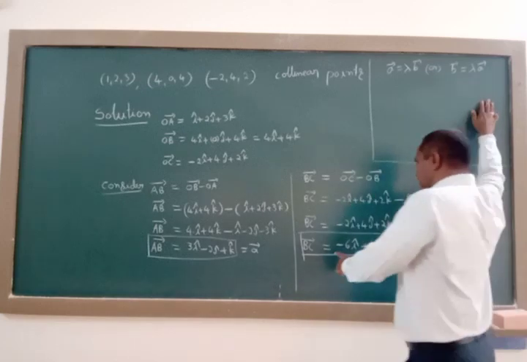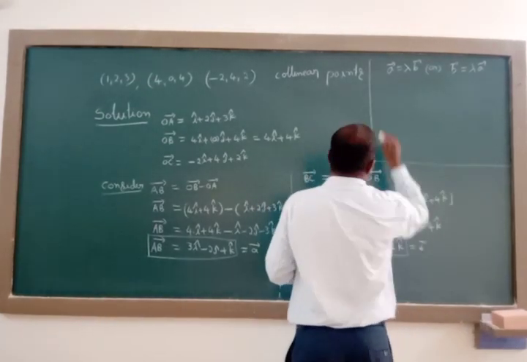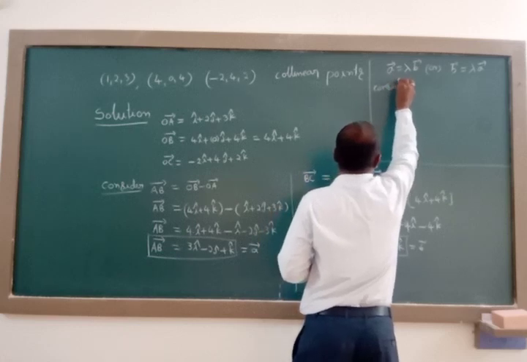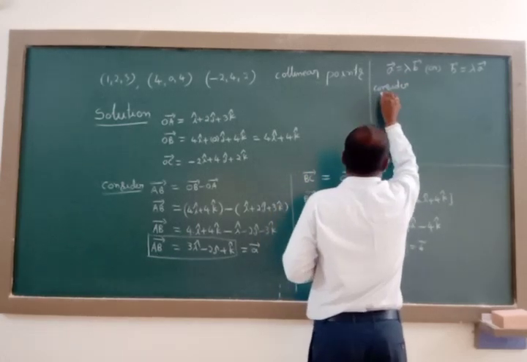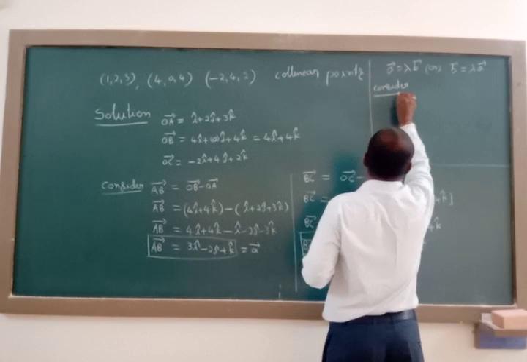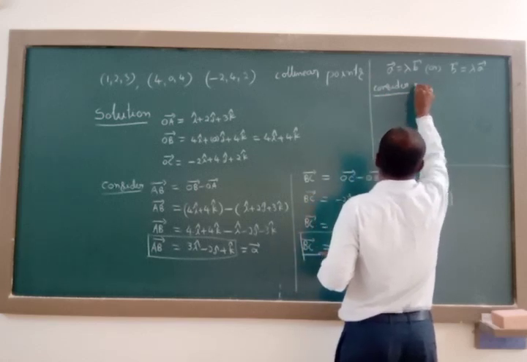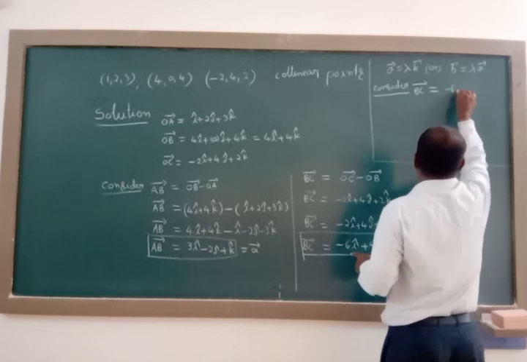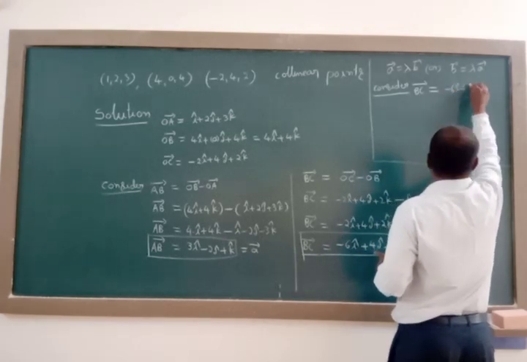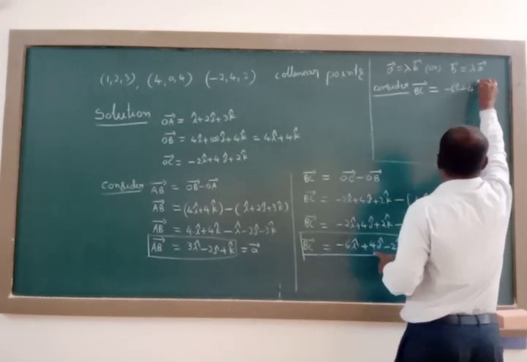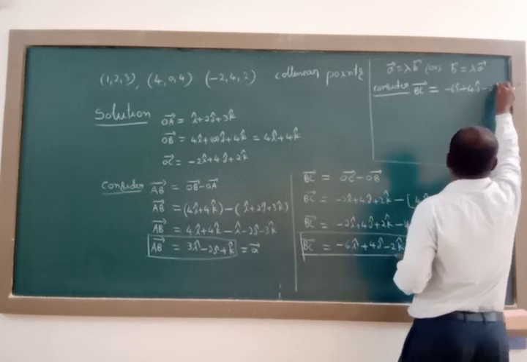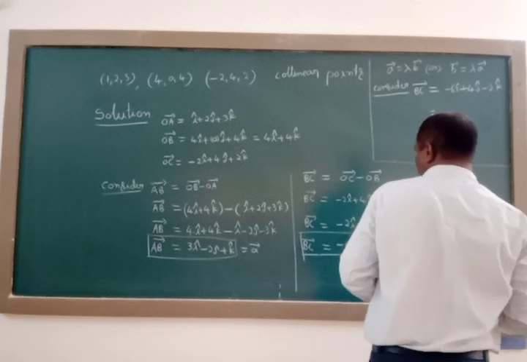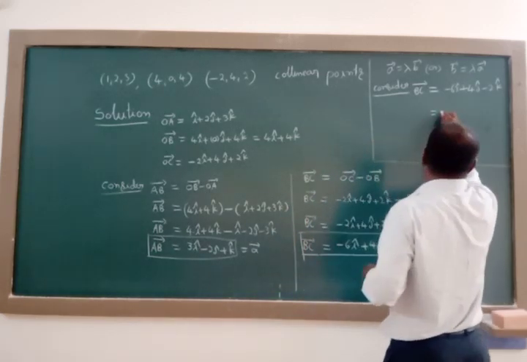Now consider the vector BC bar, which is equal to minus 6I cap plus 4J cap minus 2K cap. From all this, I am taking minus 2 as common.